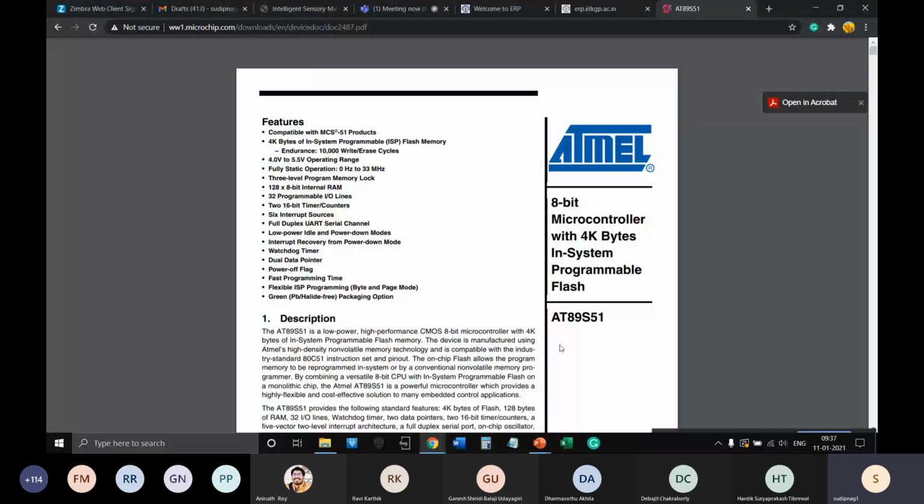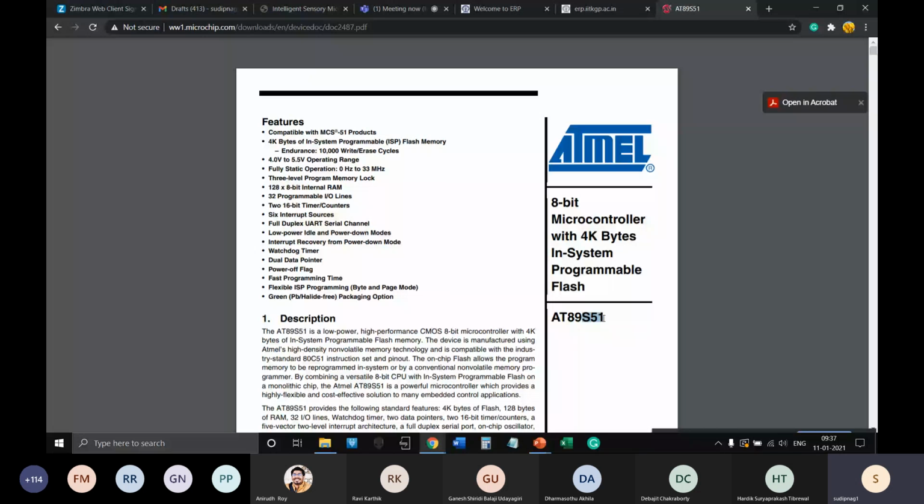So generally I take the approach of using relatively modern and active devices such as the 89S51. The 89 means basically a flash series of microcontroller. The 51 is basically that original 51 series, 8051's 51.